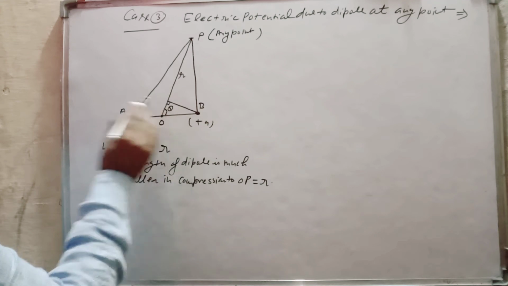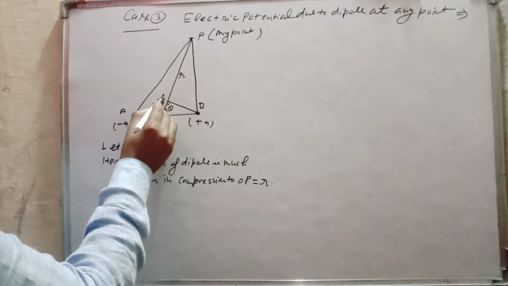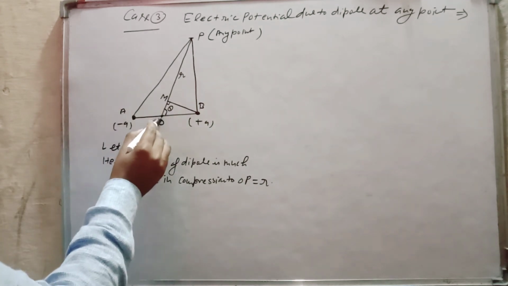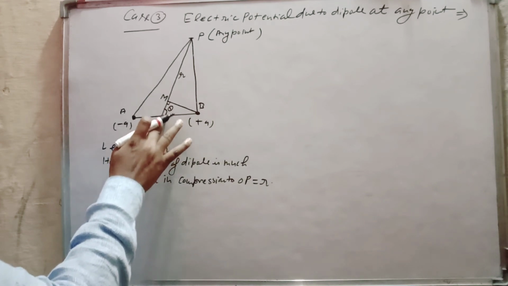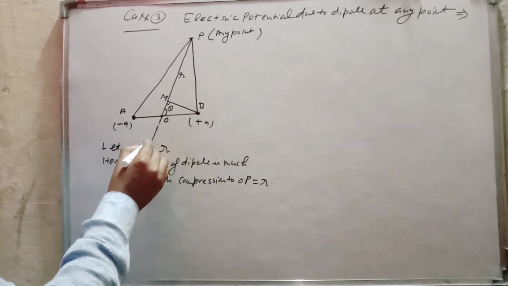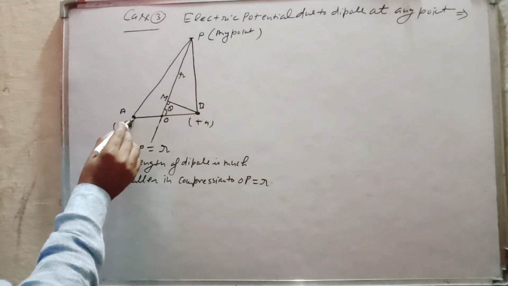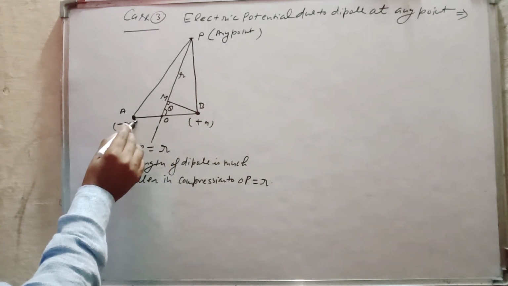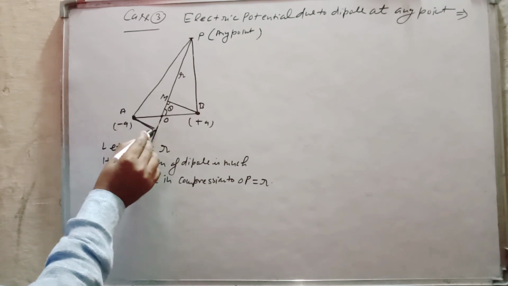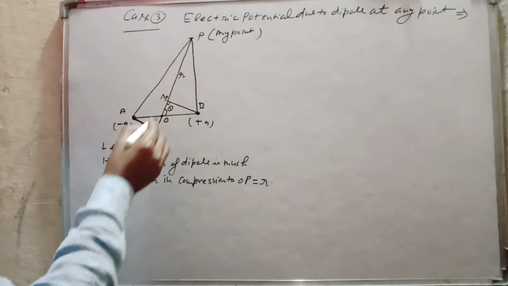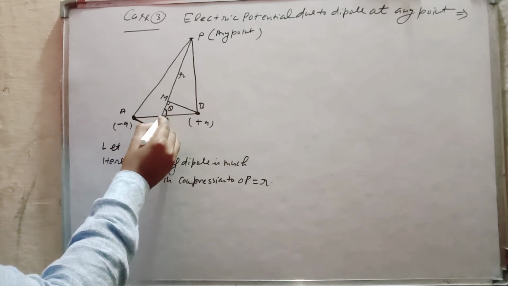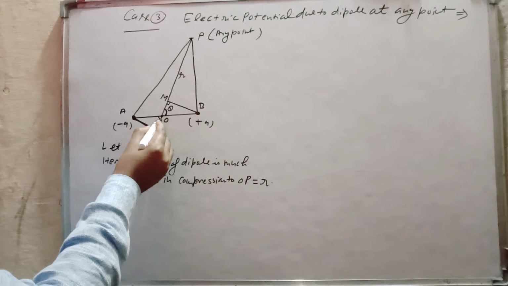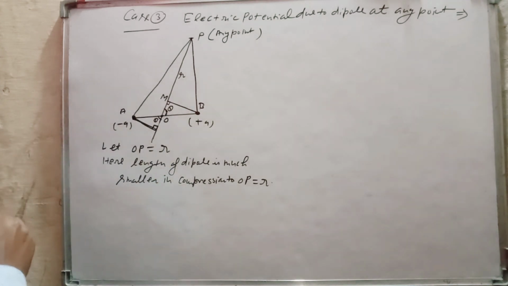This one is 90 degrees. This one is the point here. Now we extend this line, and we draw a perpendicular from A on OP. This one is also 90 degrees. This one is the angle theta. That means this angle is also theta, a vertically opposite angle.